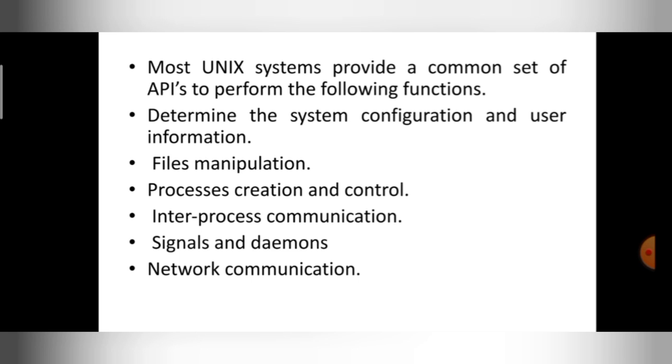Inter-process communication means that if two processes want to communicate, we also have APIs to create signals, and to establish network communication. For each and everything we have APIs.